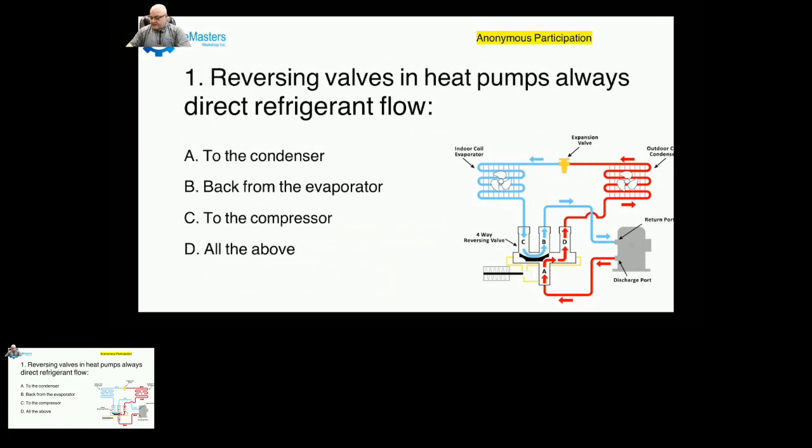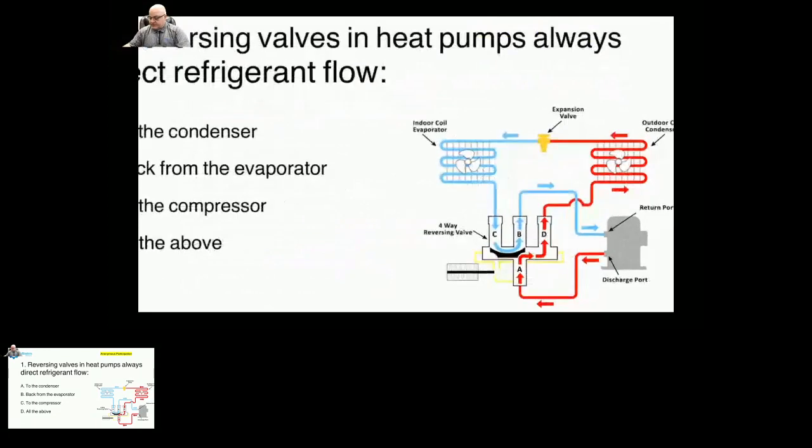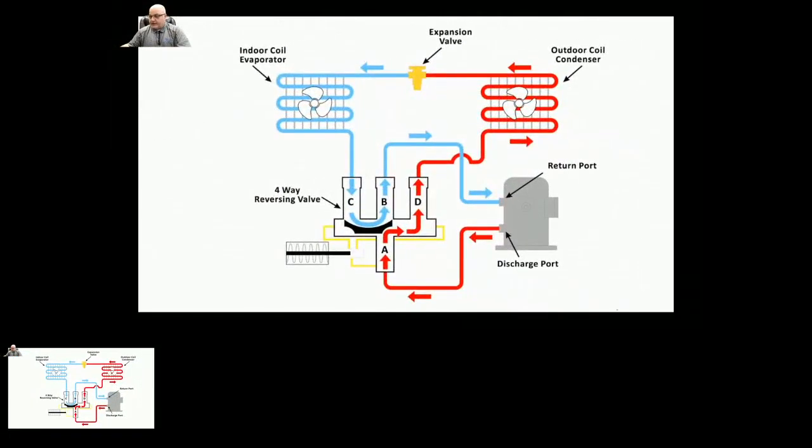Reversing valves in a heat pump always direct refrigerant flow to or back from. So this is your image. And what you're doing is you're looking at where the reversing valve is directing the flow of the refrigerant.